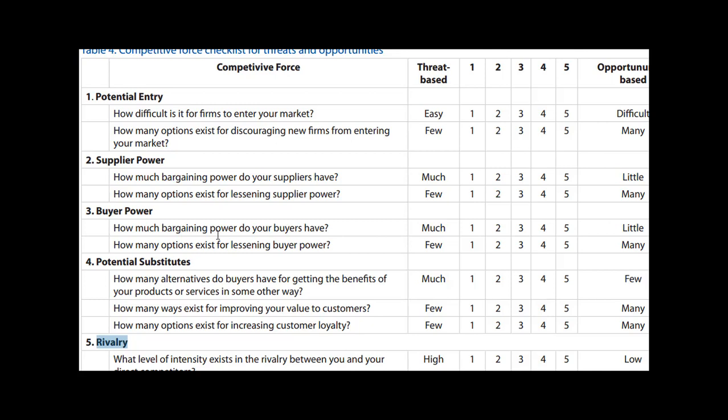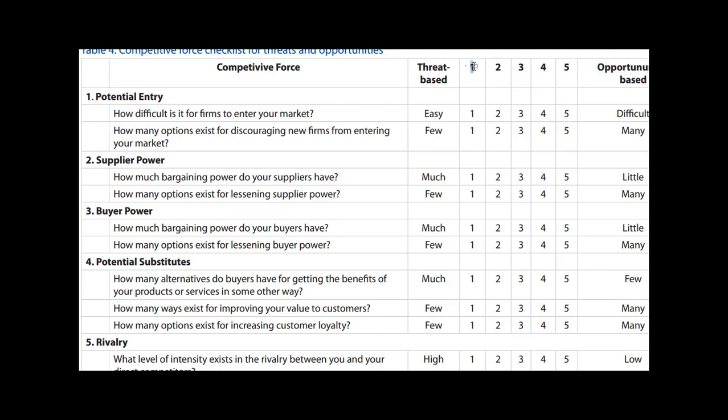So let's talk about the items and how they can be measured in this table through this 5 forces model. The competitive forces, as we have talked about, are these 5, and they are measured on a scale from 1 to 5. 1 is more threat and 5 is more opportunity.